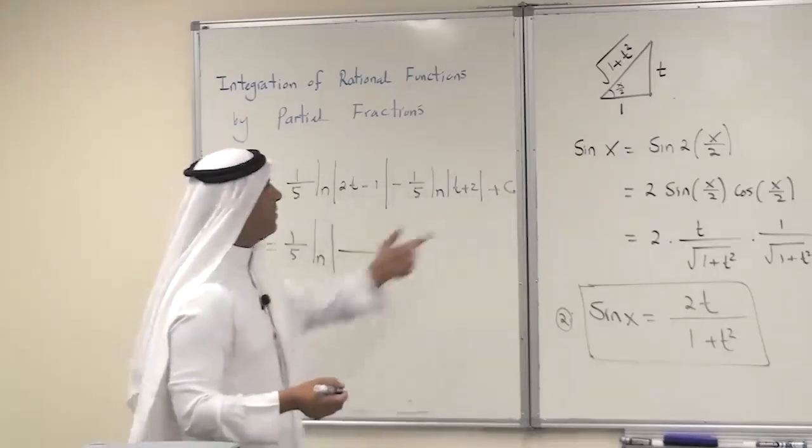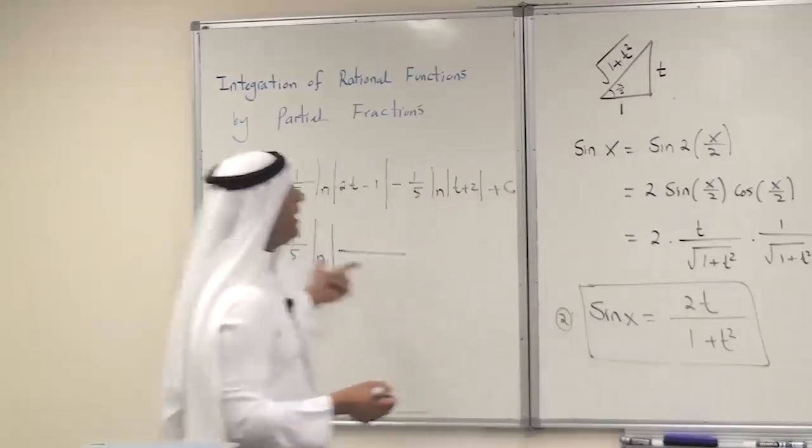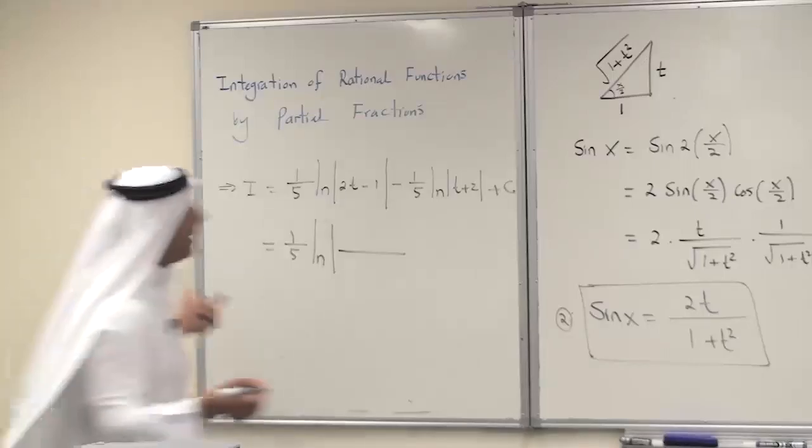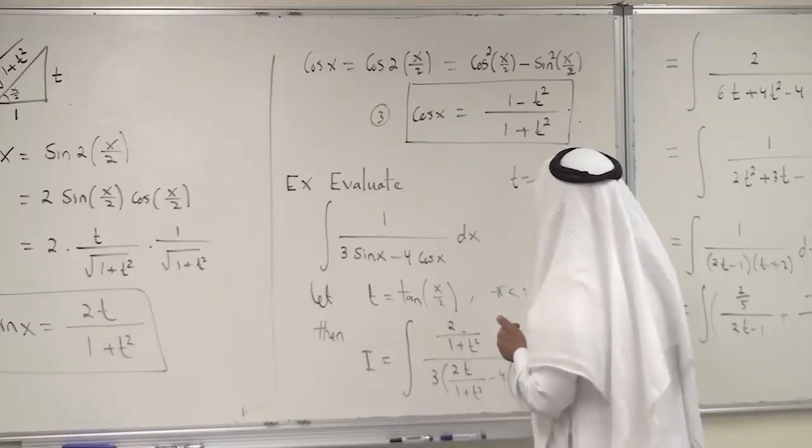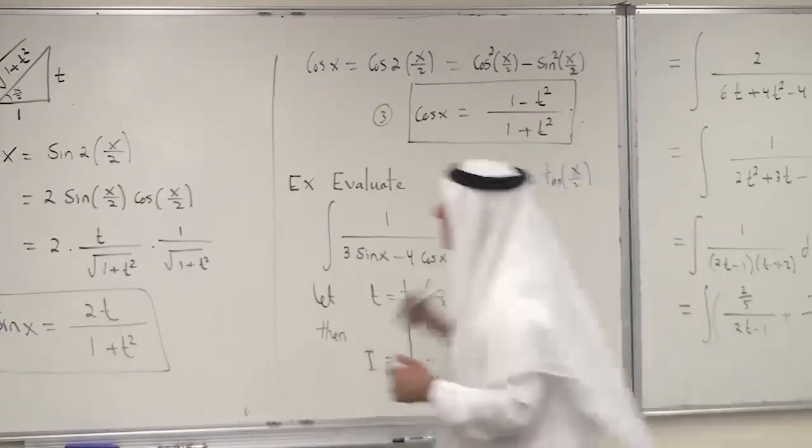What is t? We need to substitute for t. We said we let t be equal to tangent x over 2, right? So t is tangent x over 2.